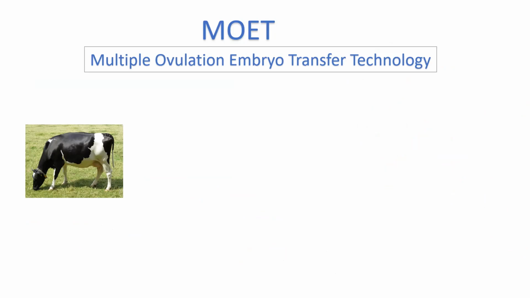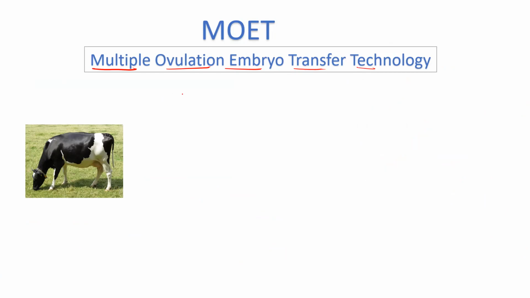Next is a new technique which we learn today: multiple ovulation embryo transfer technology. So let's start. As the name suggests, in this method, we will produce multiple ovules in a single female.